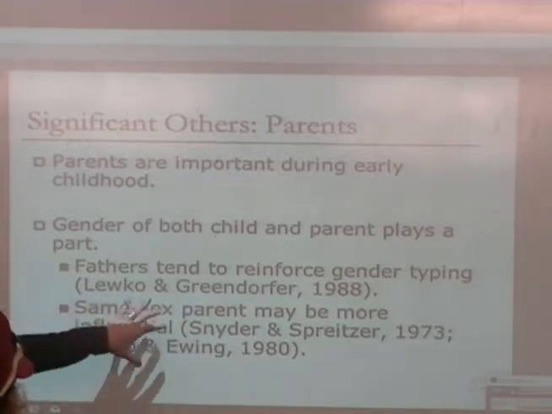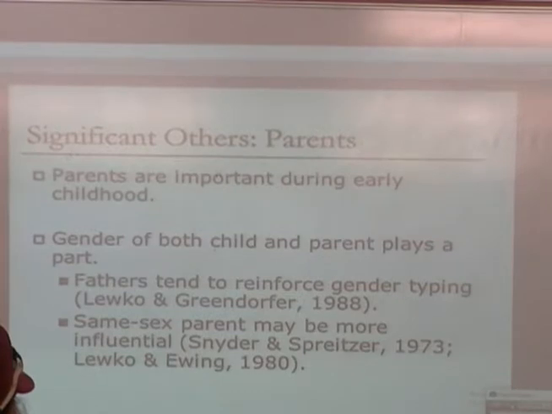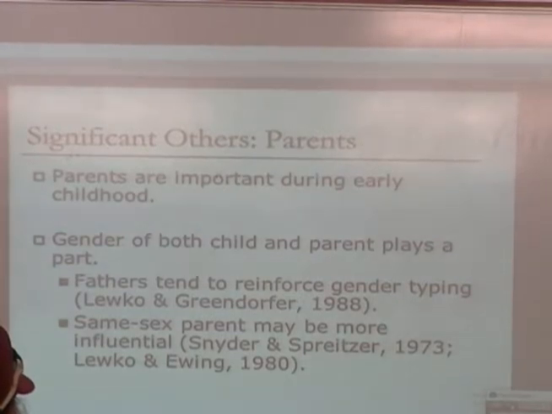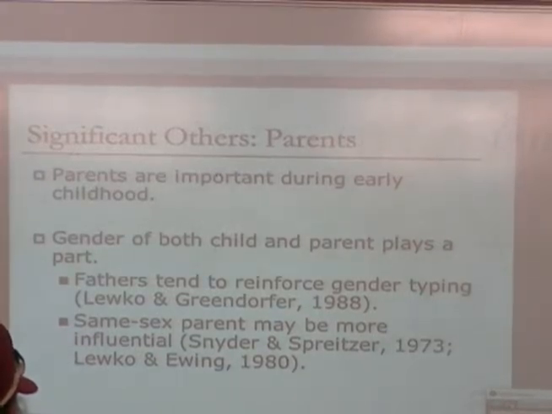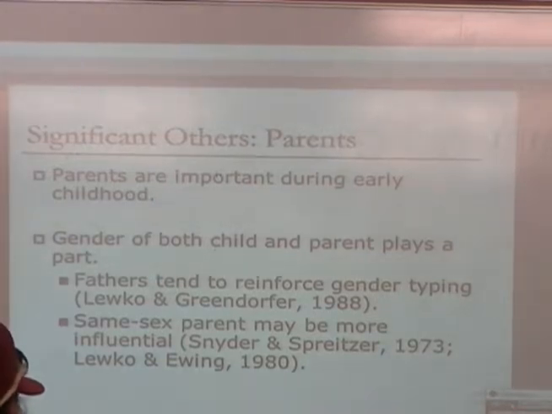So this research is a little old, and I have to say that I'm not sure it would hold true or as true if the research was rerun now, okay? When we're younger, our parents are very important for many of the reasons that we've already discussed today, all right? They take us there, they pay for us, right?